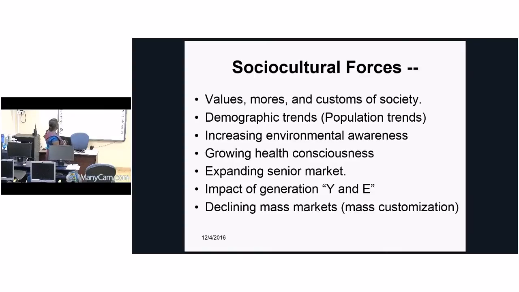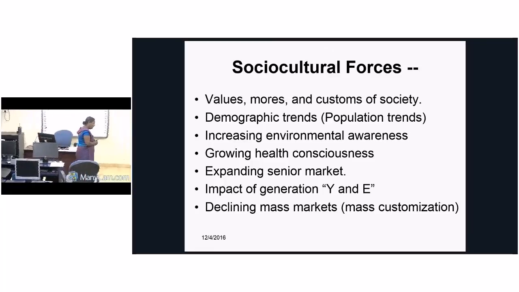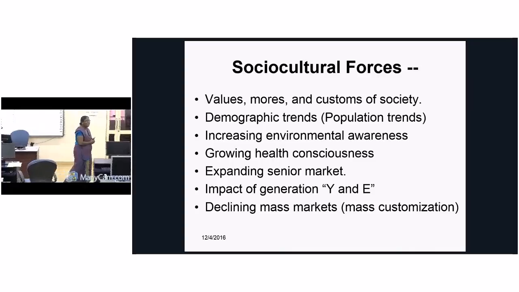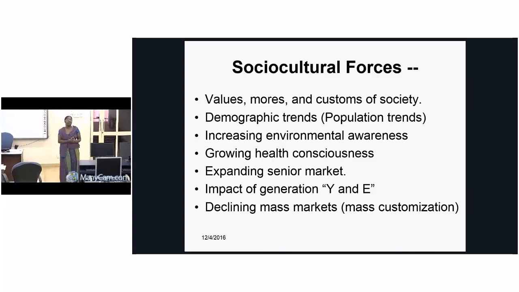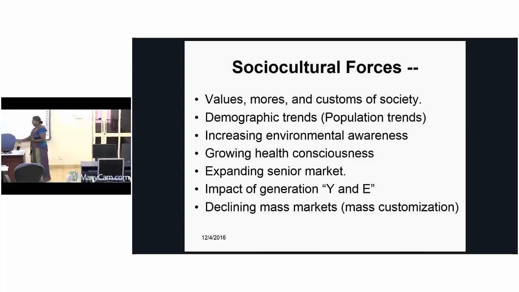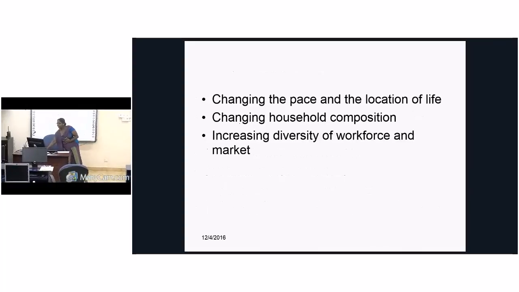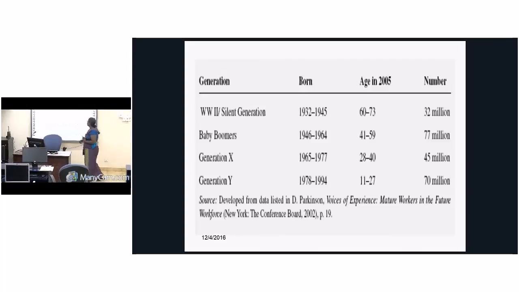Impact of generation E and Y. So now we are working with generation E and Y. Look at this.